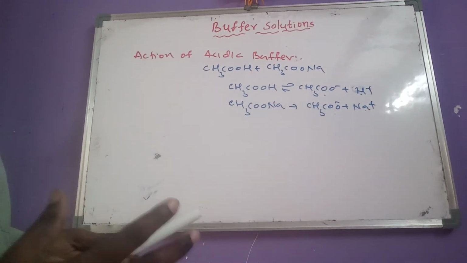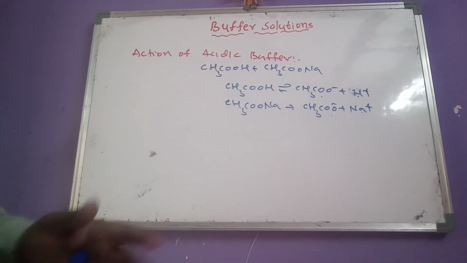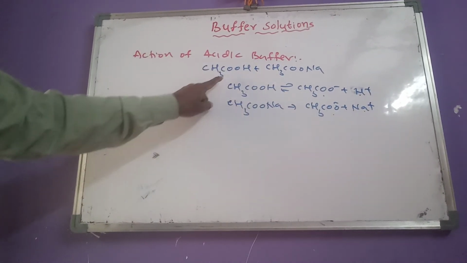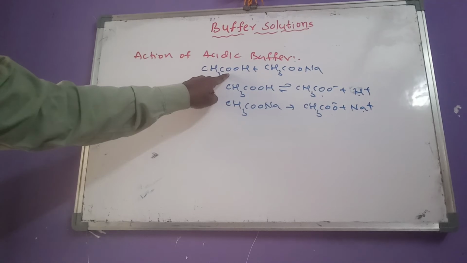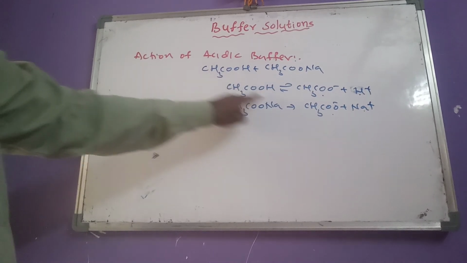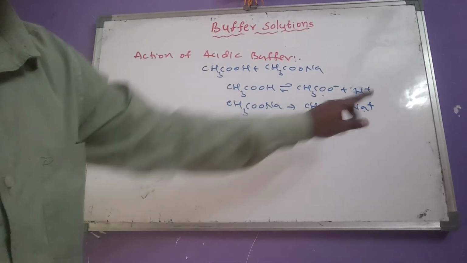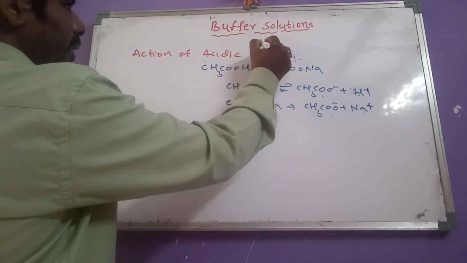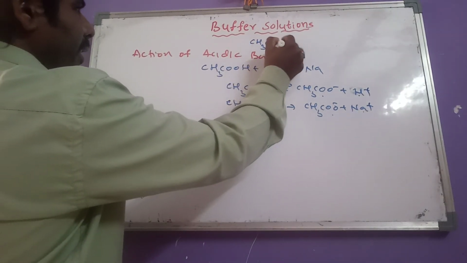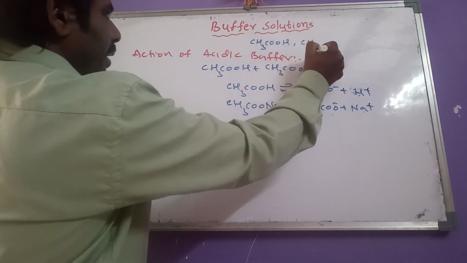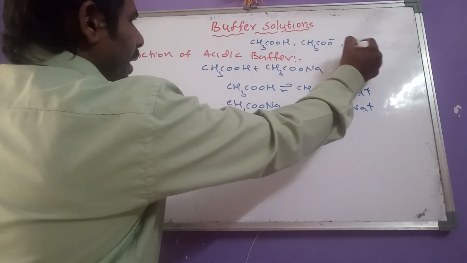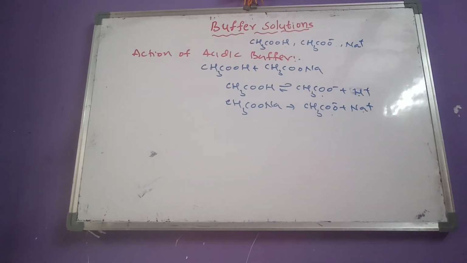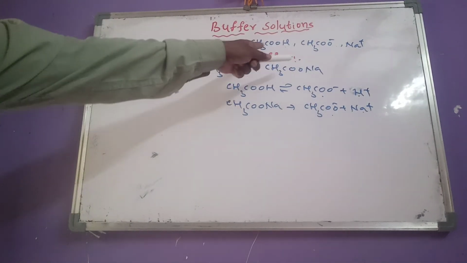So overall, the species present in the acetate buffer are acetic acid, due to partial ionization, acetate ions, and Na plus ions. I will write here what is present in this acetate buffer: acetic acid, acetate ions, Na plus ions. We have to remember those three.